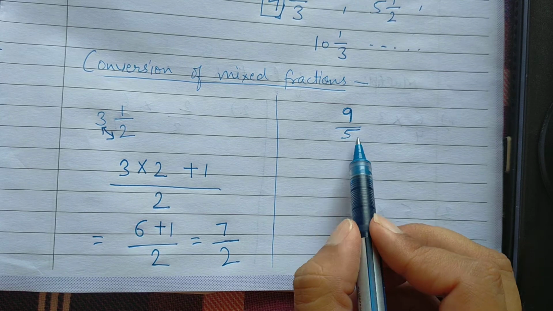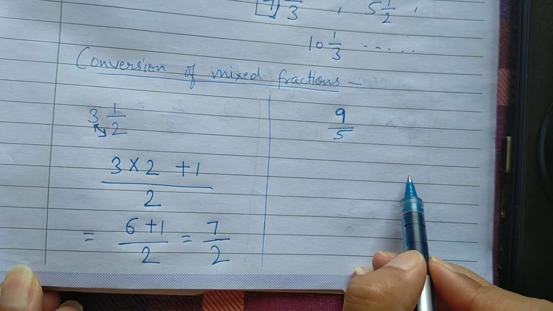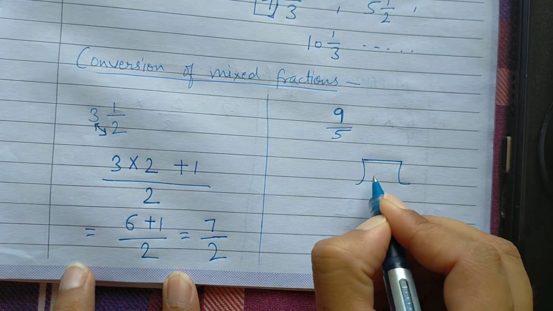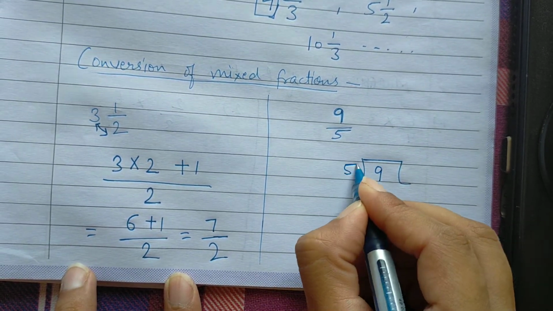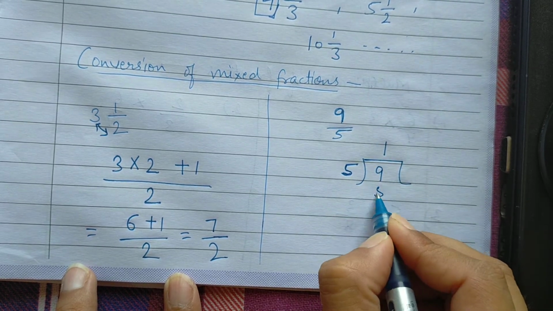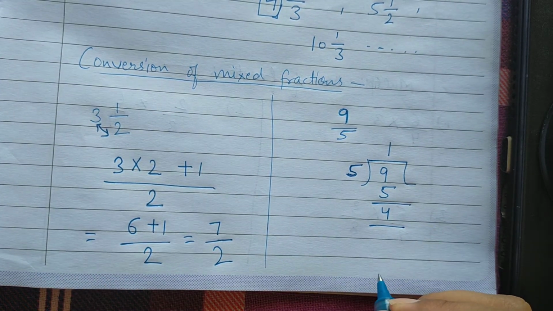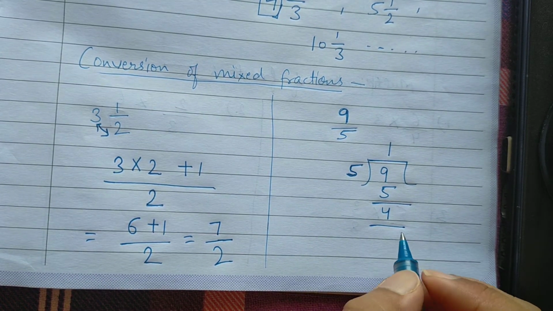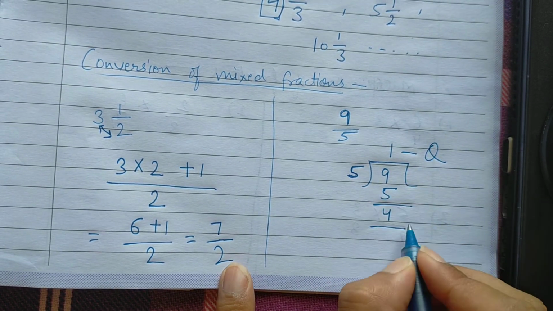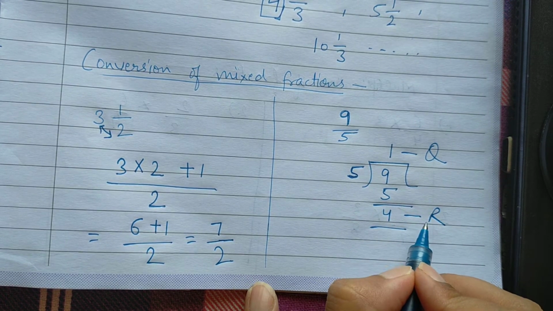If an improper fraction is given and we have to convert it into a mixed fraction, then we have to divide. That's how you will divide. We have divided. Now what will be the answer? This is the quotient and this is the remainder. 1 is the quotient and 4 is the remainder.